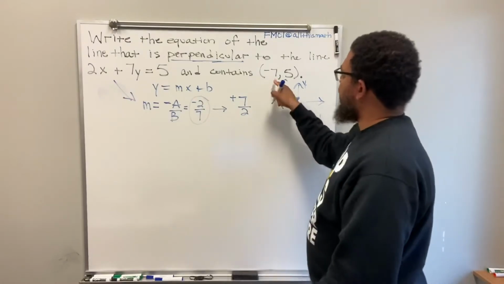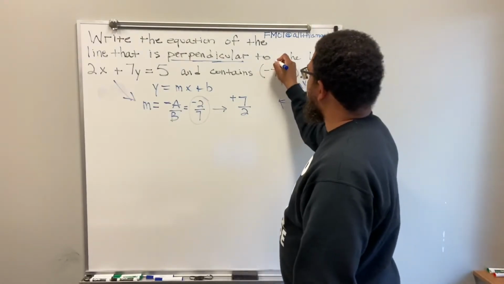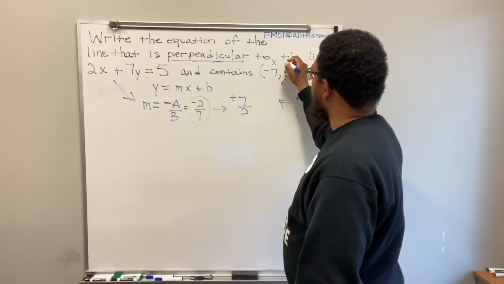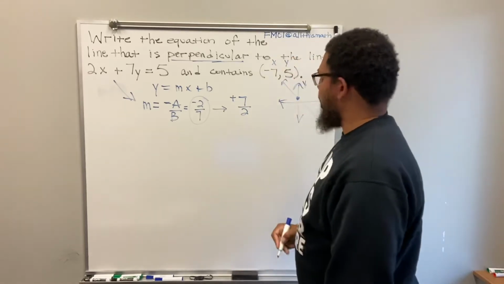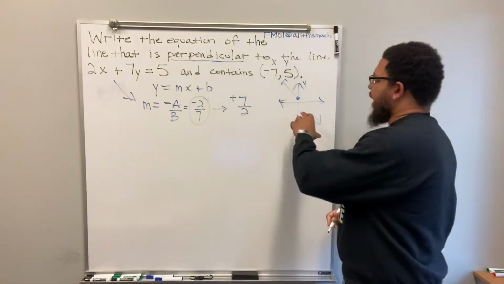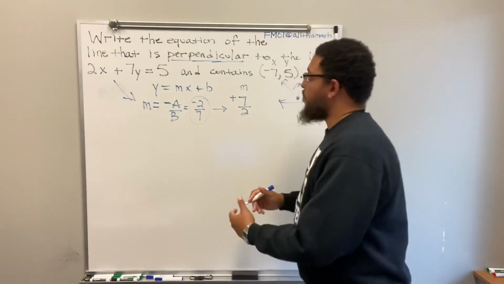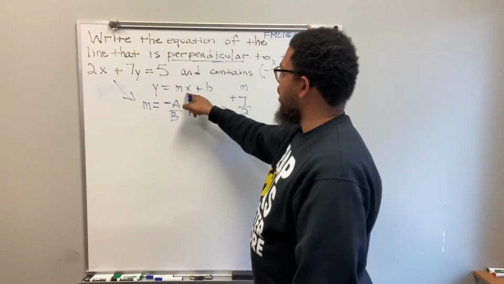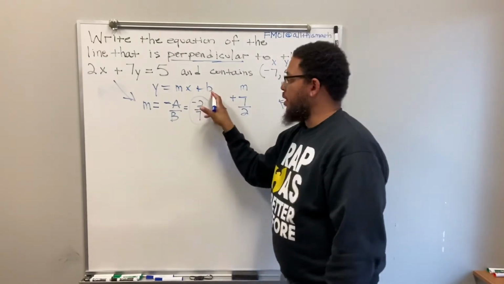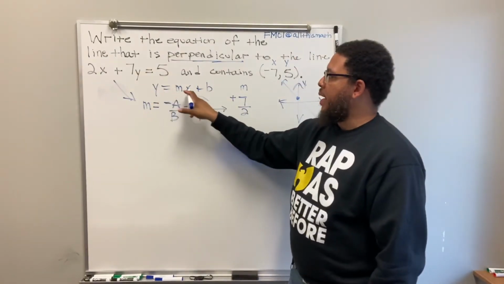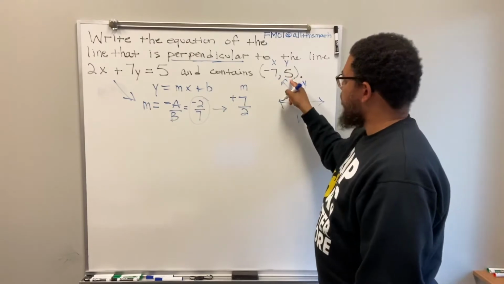We can take this information we have because we know one of the points: that -7 is my X value, that 5 is my Y value, right? I can take that, and I can take this slope that I have, because that's my M value, and plug them into y = mx + b and solve for B, because I know Y, I know M, I know X. My Y is 5.